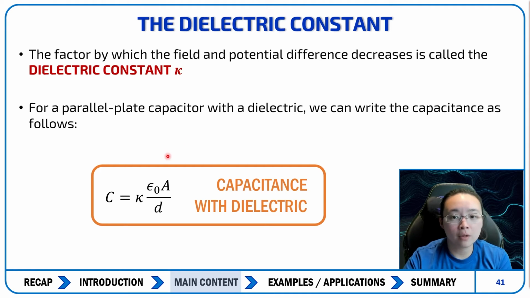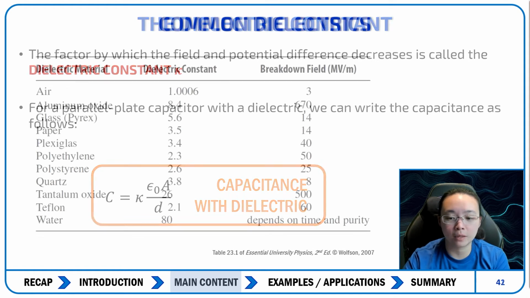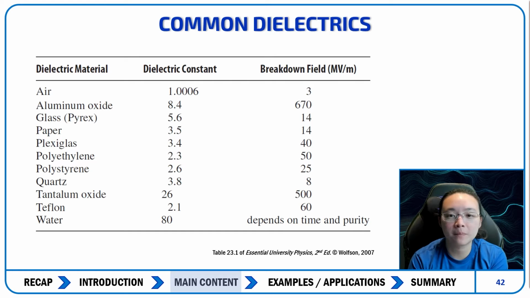And so for a parallel plate capacitor with a dielectric, we can rewrite the equation for capacitance as follows. C is equal to kappa multiplied by C naught, where C naught is the original capacitance and kappa is the dielectric constant. So this is all you would have to know when working with equations. You don't have to derive it.